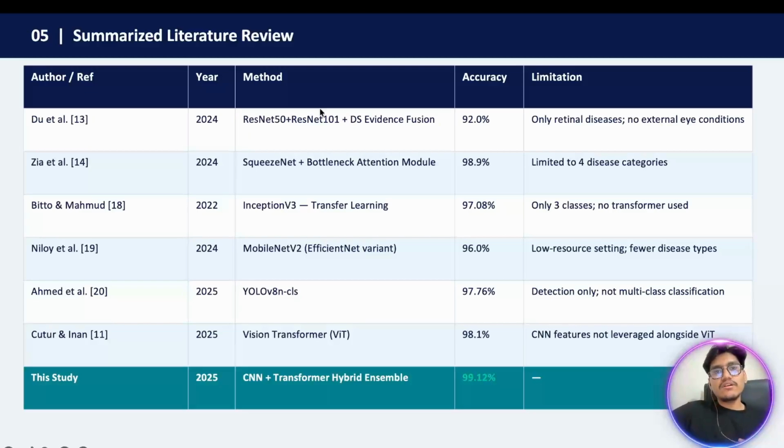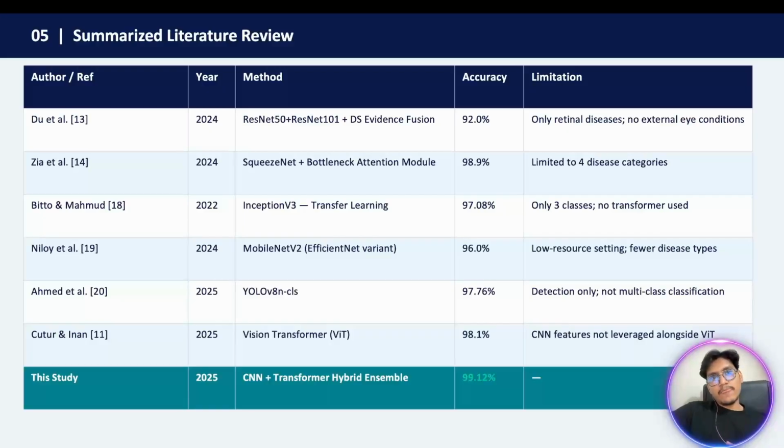And then in the third, they used InceptionV3 with transfer learning for eye disease classification and achieved 97.08% accuracy, a good result, but again limited to just 3 disease classes and no transformer architecture was involved.